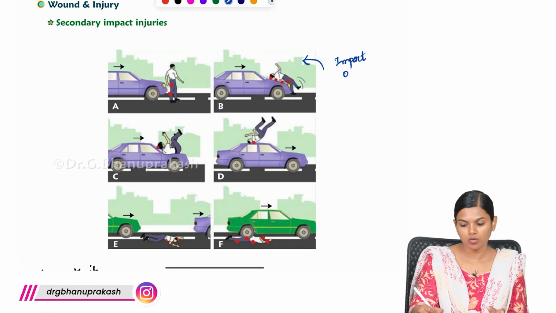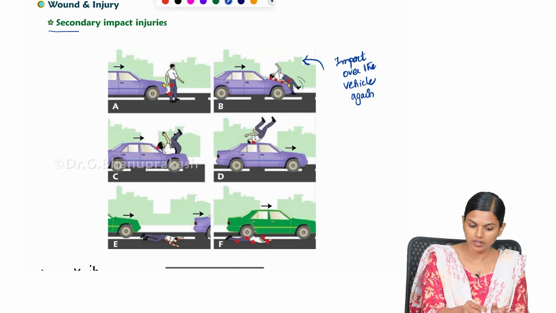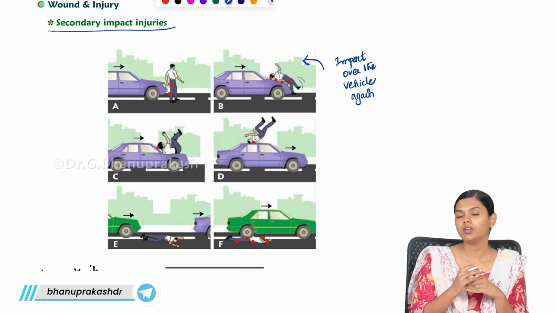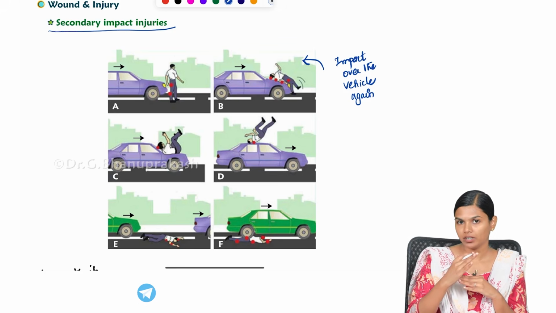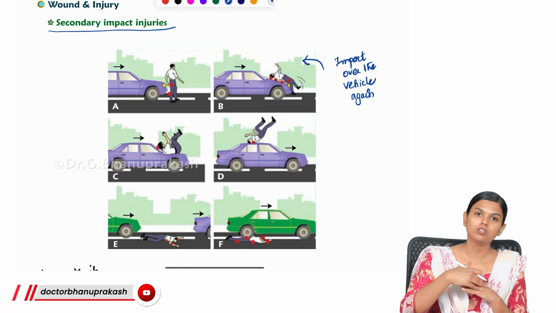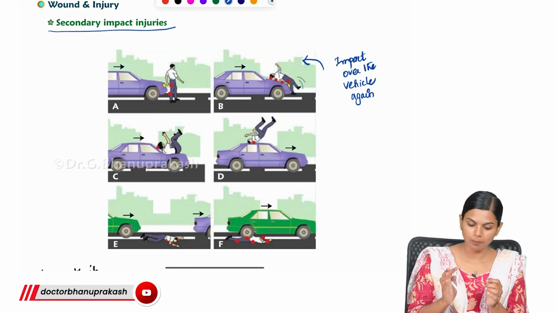They will impact over the vehicle again. This time they will get an injury, and that injury we call secondary impact injury. So first point of contact against the bumper, you will get a fracture, that is known as primary impact. Second impact will happen when they lose balance after getting hit and they impact over the car again. So this is your secondary impact injury.